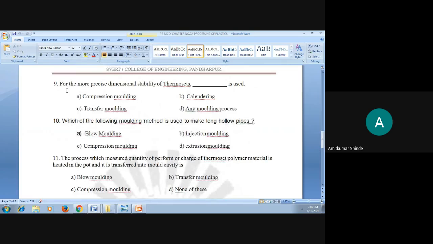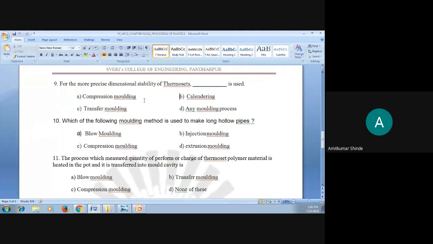The next one is related to thermosetting material, to get precise dimensional accuracy. For thermosetting material, three processes are used: compression, transfer, and rotational can also be used. Here calendering only gives the shape of a sheet, and this is on thermoplastic material only.